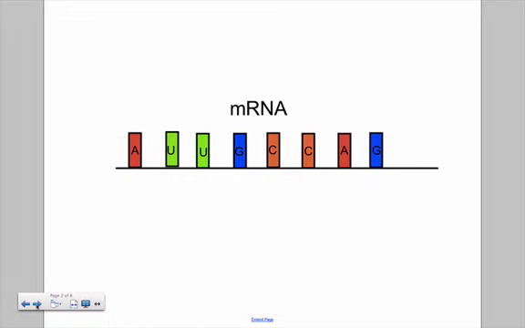If we're thinking about making mRNA, where is the DNA located in a cell? The DNA is located in the nucleus of the cell, so mRNA is made in the nucleus, where the DNA is. The next process, translation, does not happen in the nucleus. It happens outside the nucleus.